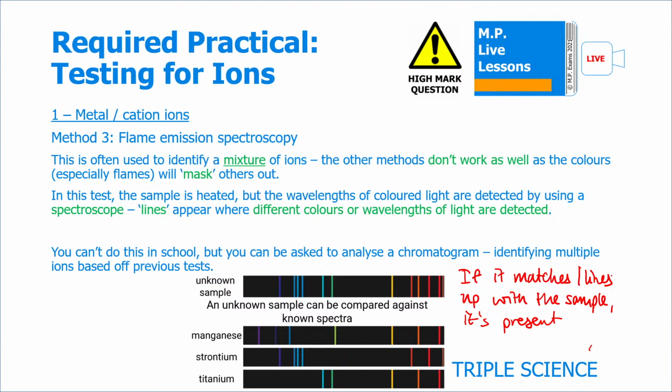For example, this strontium has these little wavelengths, or colors, that are produced, which from the sample are here, here, here. Basically, if it matches up with the sample like this, that means this is in here. The strontium is in the sample. The other one is the titanium because it matches these ones here, as well as these.